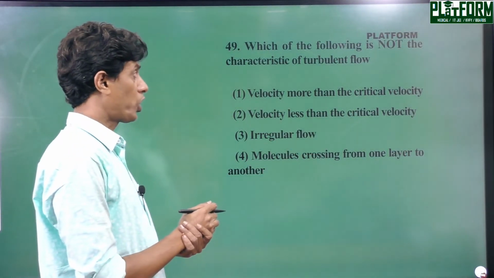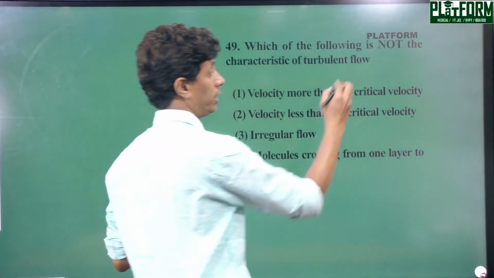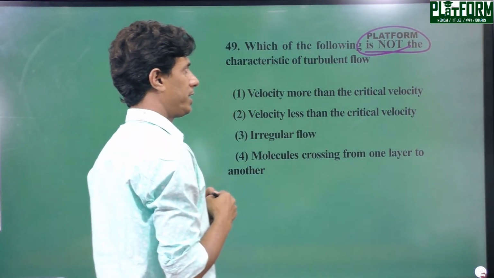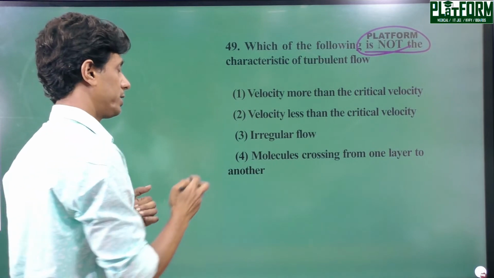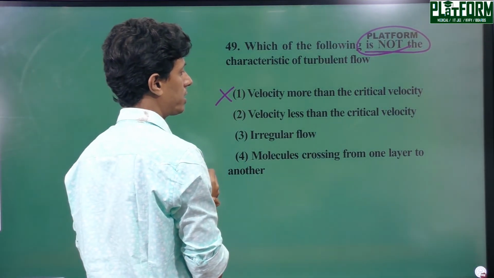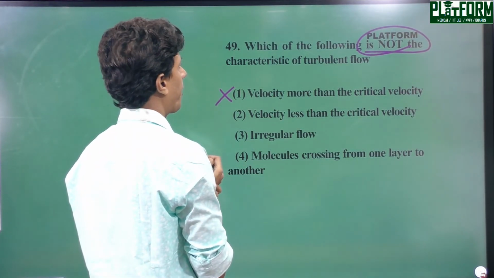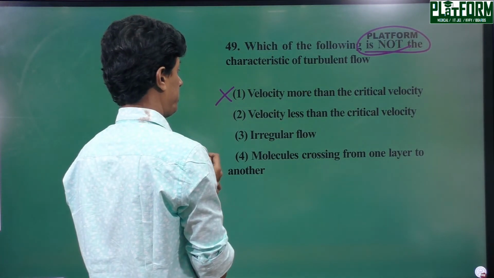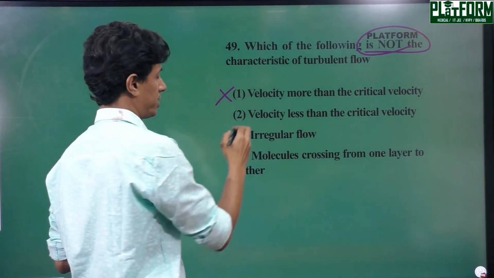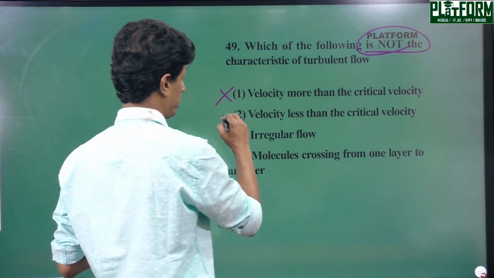Which of the following is not characteristic of turbulent flow? Velocity more than the critical velocity is a characteristic of turbulent flow, so this is a right statement, but the wrong answer. Velocity less than the critical velocity is the wrong statement, so option 2 is the correct option.